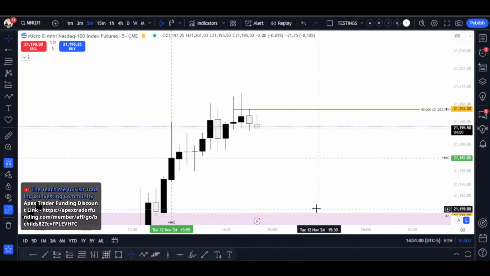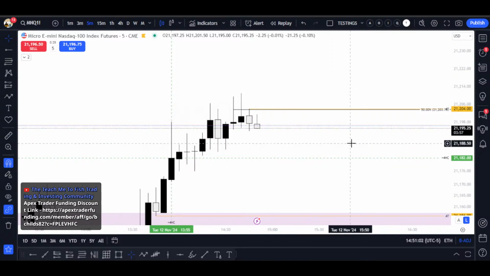And I'm only bearish to go up based off of the 10 a.m. to 2 p.m. 4 hour candle.